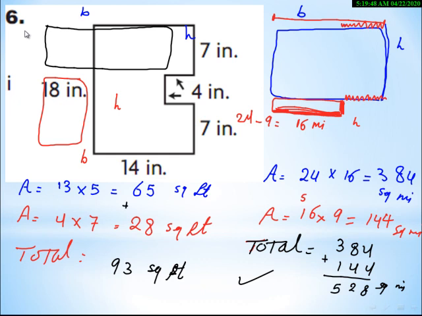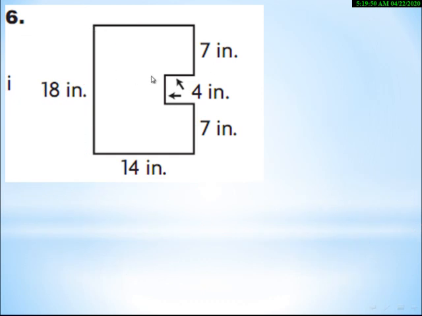Number 6, the last question with us. First, you should draw a cutting line segment to divide the figure into complete rectangles. I can see 1, 2, 3 rectangles. There are 3 rectangles.